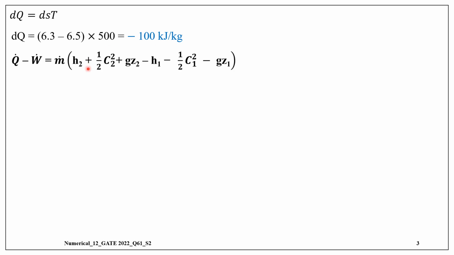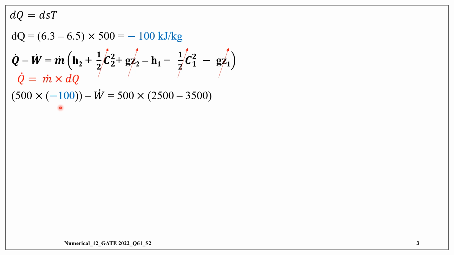Steady flow energy equation already we discussed, or we saw earlier. Since the kinetic energy, potential energy are not given, those terms can be neglected. Instead of Q dot, 500 multiplied by minus 100 is given.